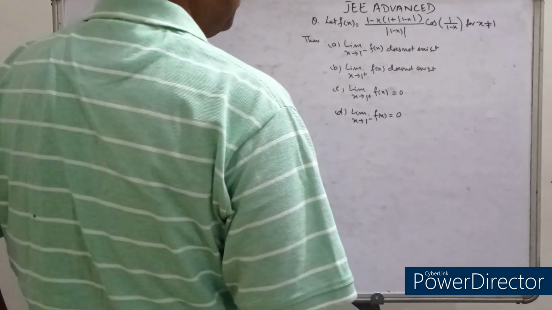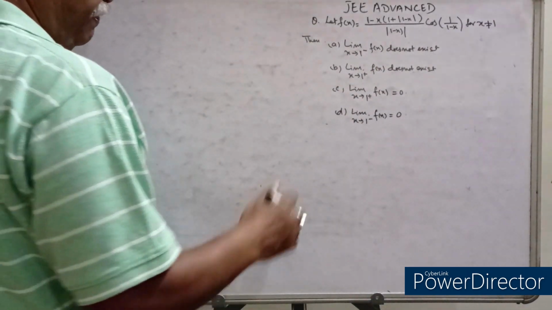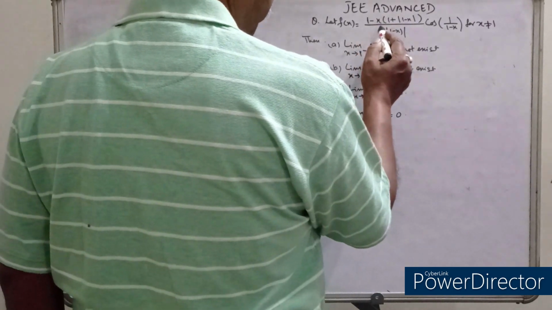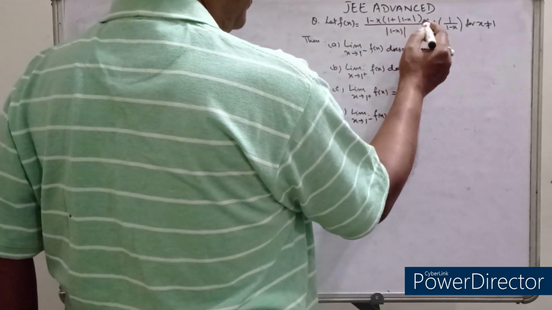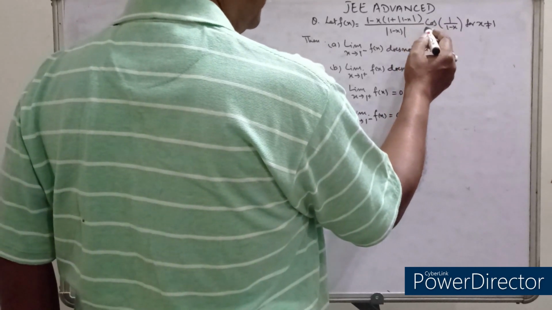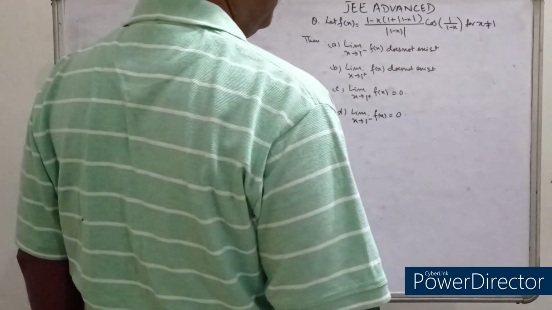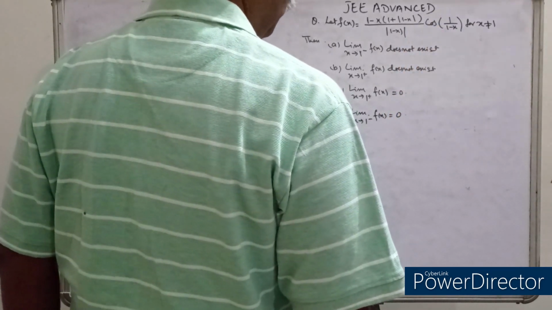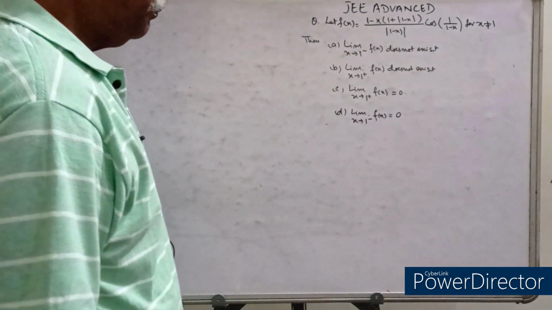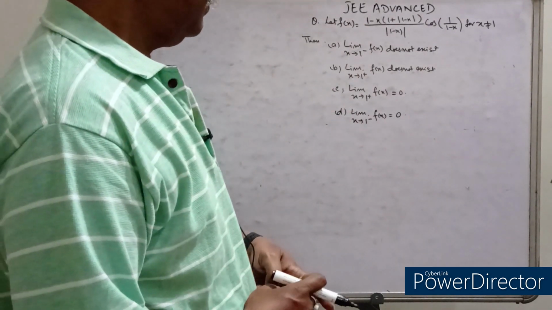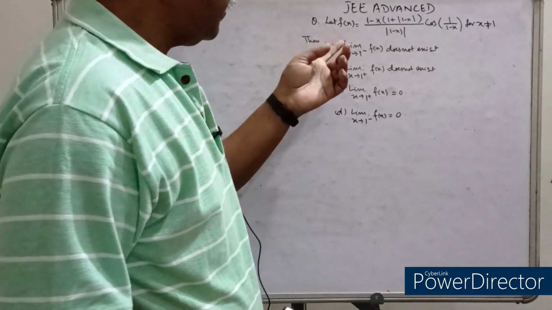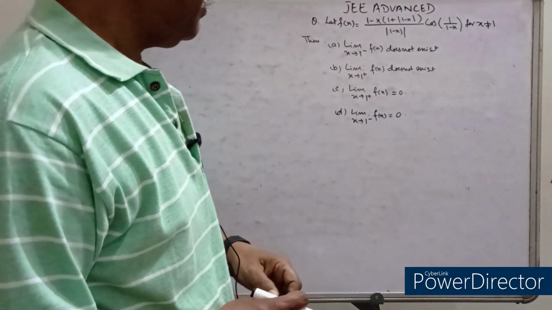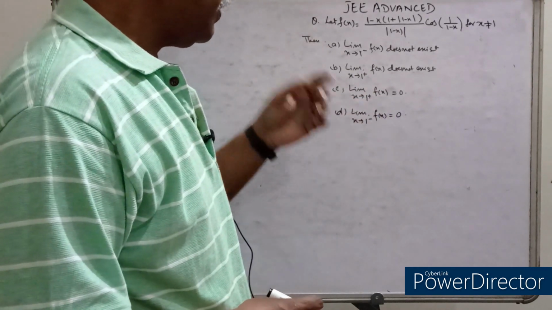See, this is a simple question. f(x) is equal to (1 minus x)(1 plus modulus of 1 minus x) and cos 1 by (1 minus x). So here, this is the left hand limit, this is the right hand limit.